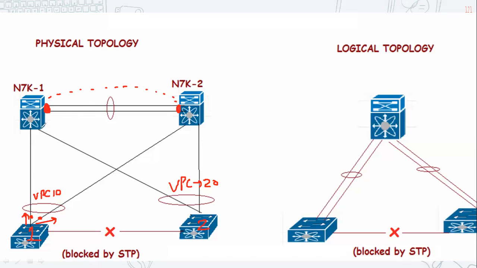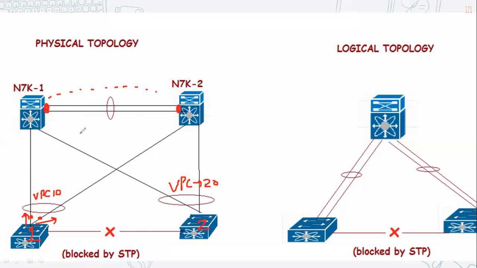Okay, so if you talk about the connection between this switch, let's say this is switch 1, and your peer devices, you can see this port is in forwarding, this port is in forwarding, and because this is the port channel, these two ports are also in forwarding, and this is part of the port channel or the VPC. So these ports are also in forwarding. So in a VPC domain, there is no concept of blocked ports.